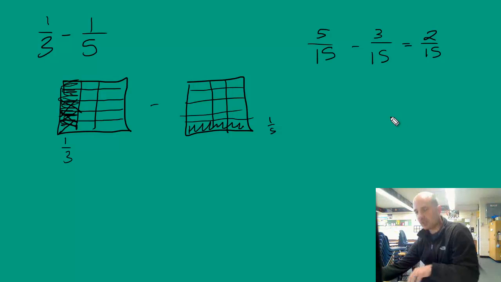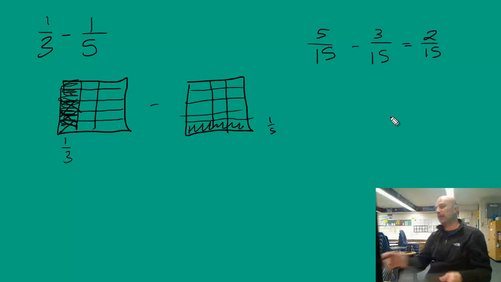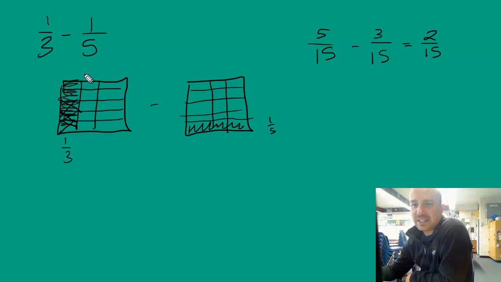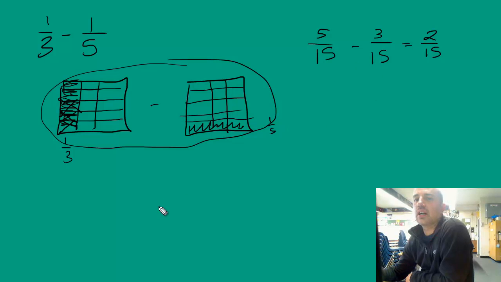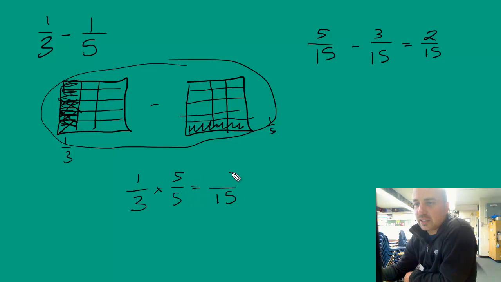So what we're going to start to do now is to write those numerically, so that instead of using this here, we're just going to take our 1/3 and 1/5 and realize that we need to turn them directly into 15ths. And we can do that by saying, well, our 1/3 is going to be multiplied by 5 over 5 to get our 15ths, and that's going to be 5 15ths.